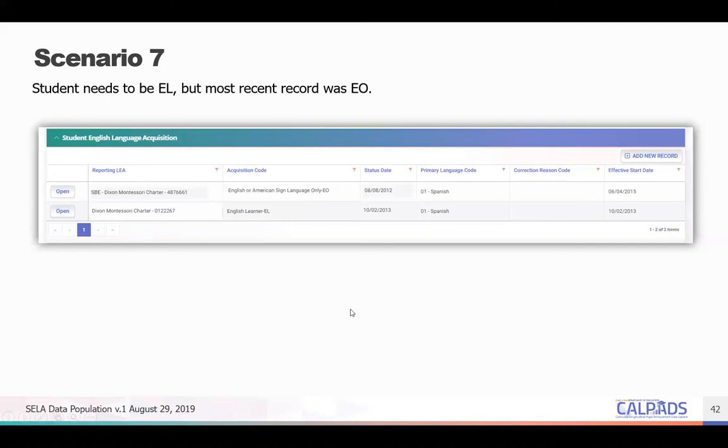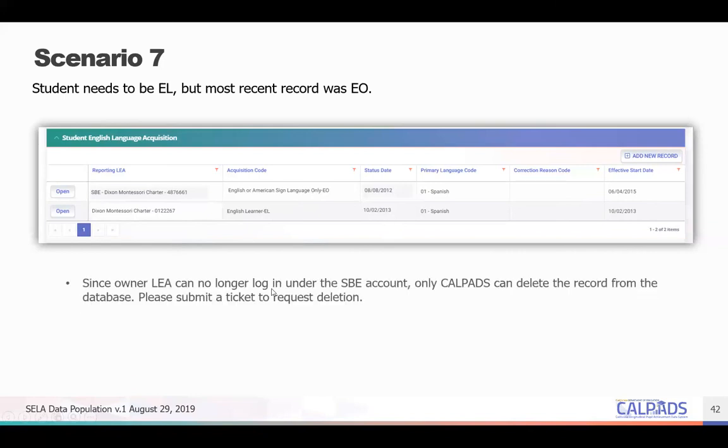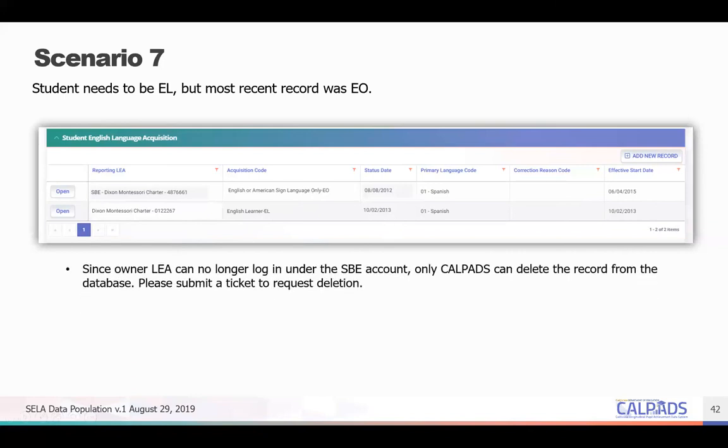Unfortunately, if you're one of these LEAs who came from an SBE status and became an IRC and have this scenario, the only way to correct this is to send us a service ticket and request that we delete the record for you.